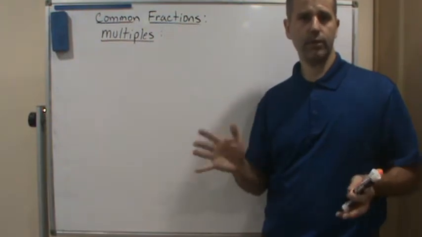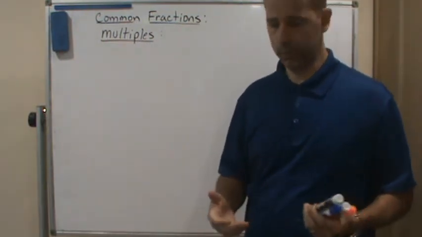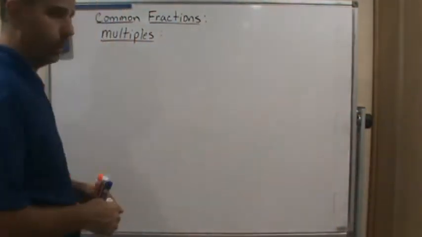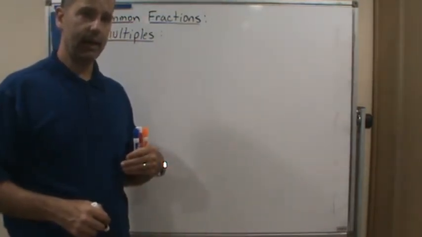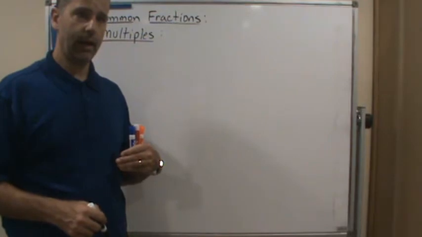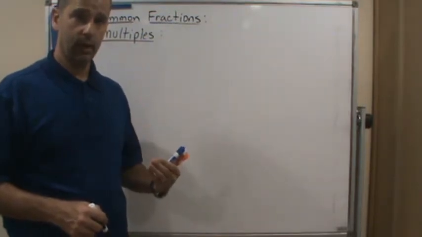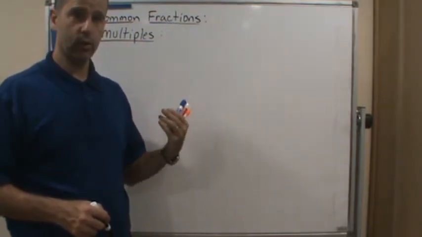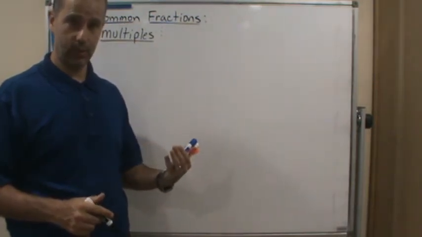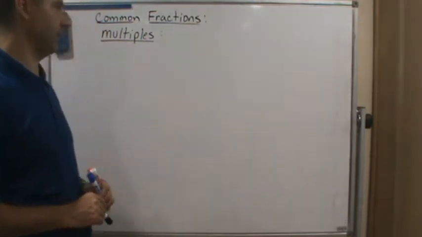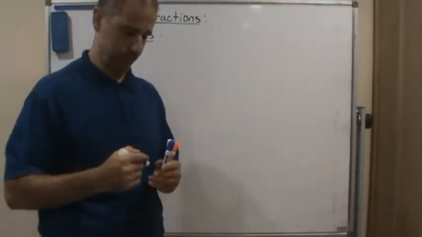Okay, so let's start by talking about the idea of a multiple. A multiple is a product of two whole numbers that has a common factor in it. Well, you know what? Let's do an example.